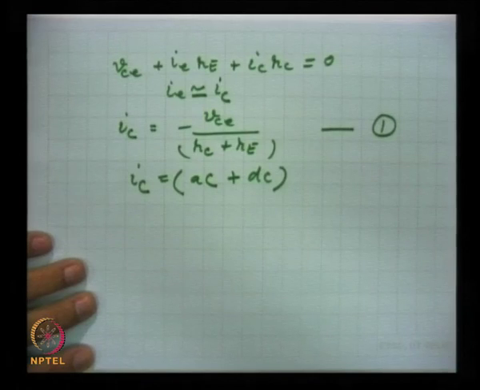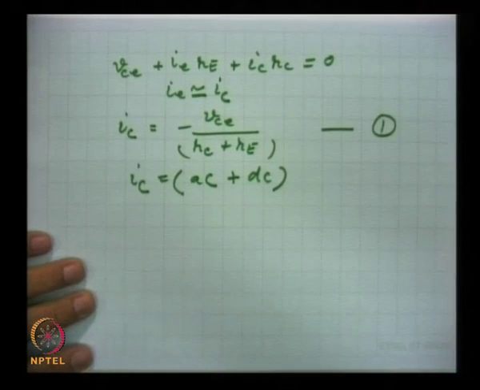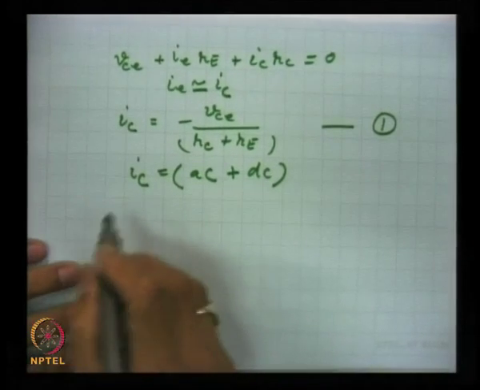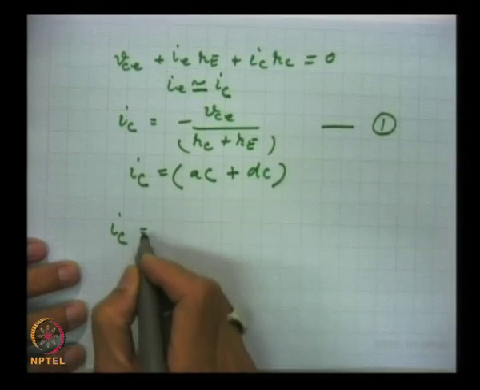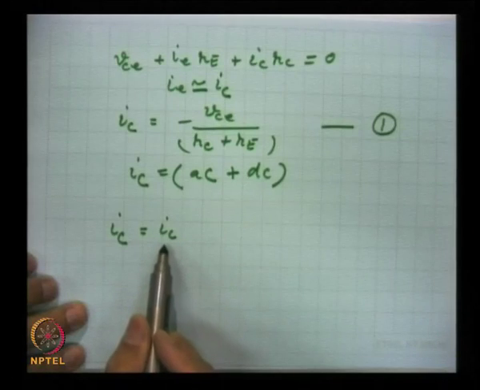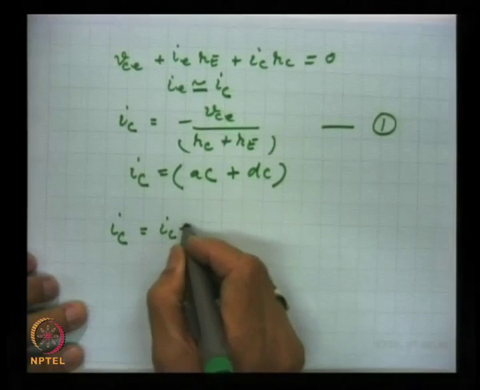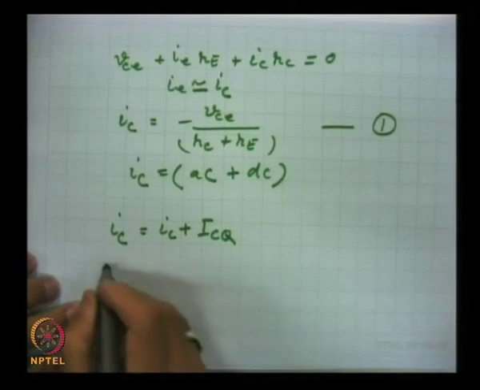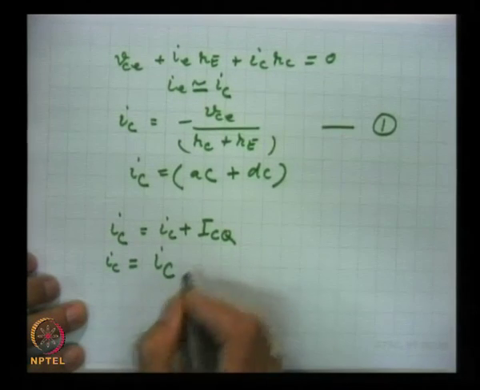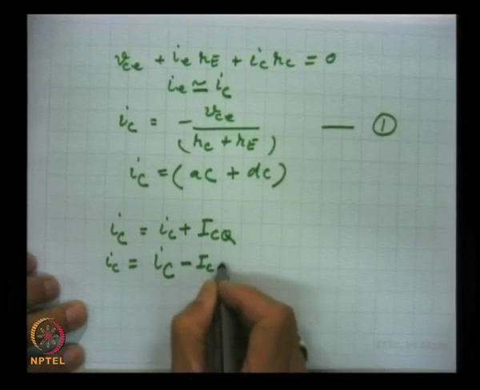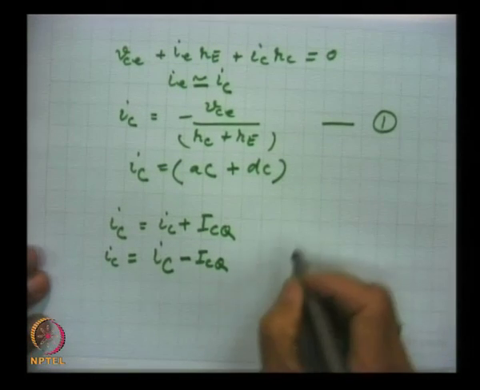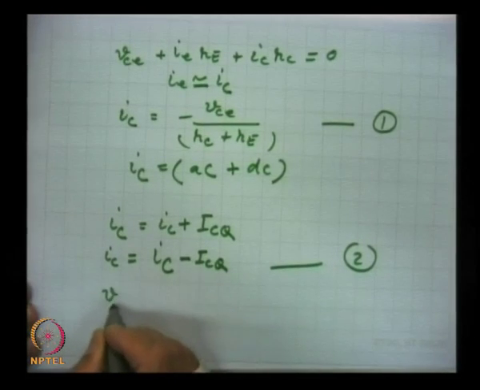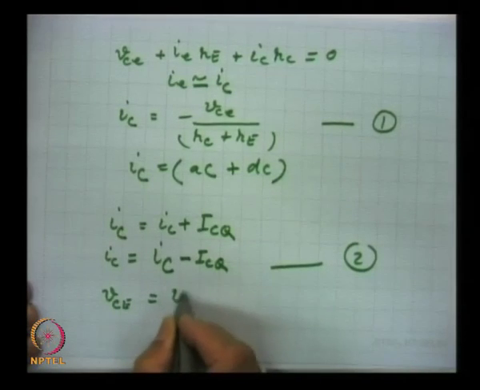Hence, we can write for the total current and total voltage at the output circuit of the amplifier: IC equals ic, with a small c, this is the AC component of current, superimposed over DC. And from here, ic is IC minus ICQ. This is equation 2.